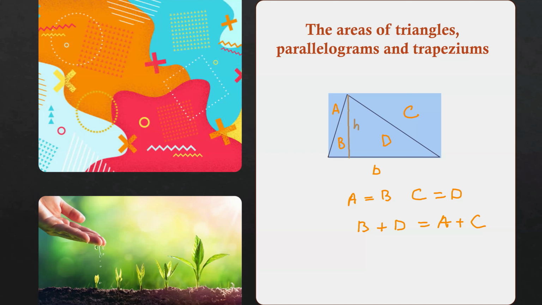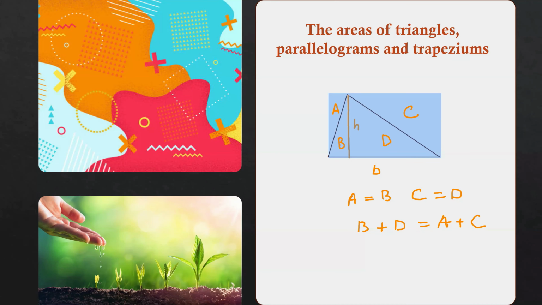If you calculate the area of the rectangle and then you divide by 2, you will get the area of the triangle.